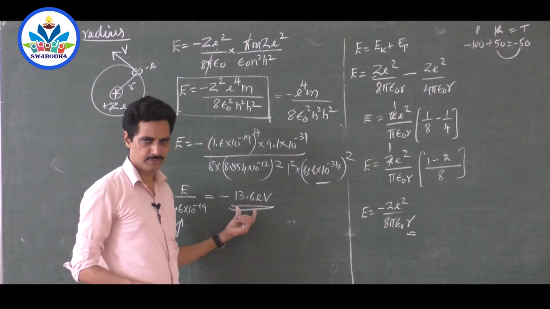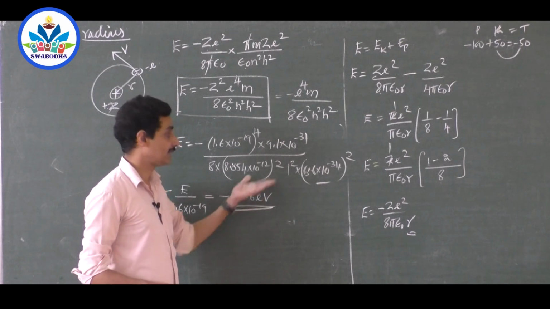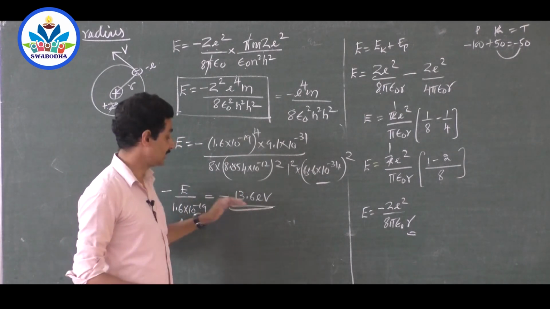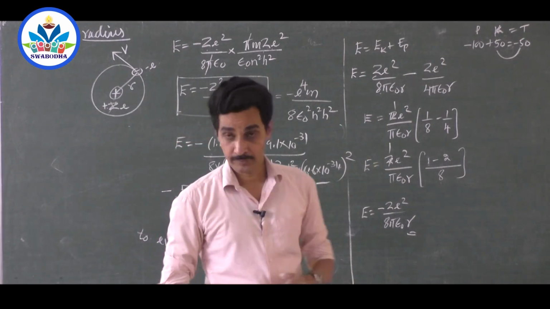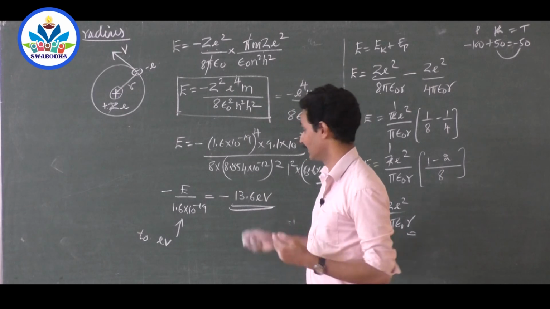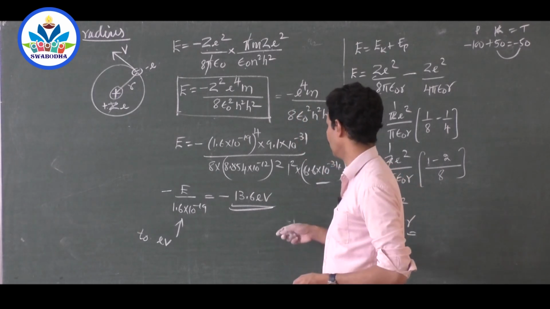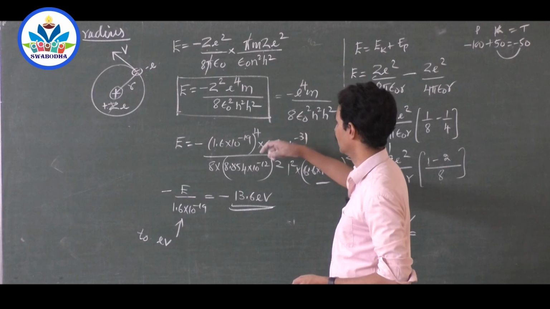There may be a very small difference, and so that is a boost to Bohr's theory. So this is the energy of the electron in the innermost orbit of the hydrogen atom. The formula is important, the answer is important.